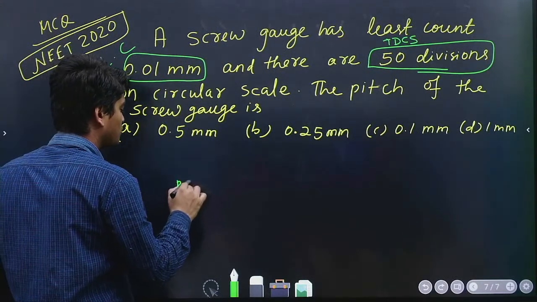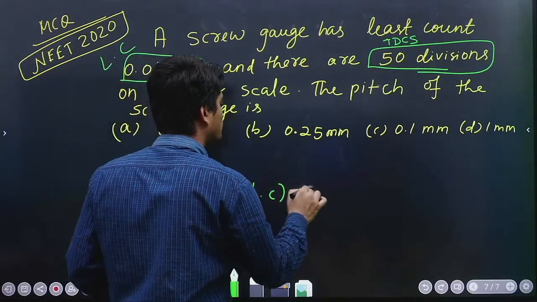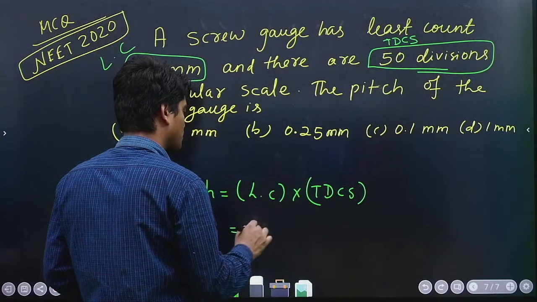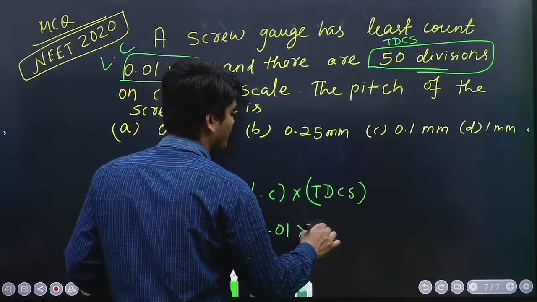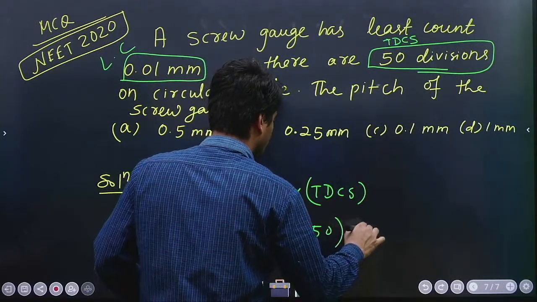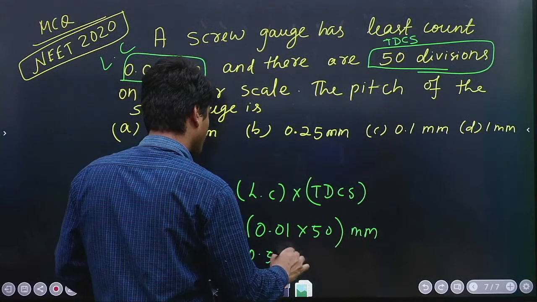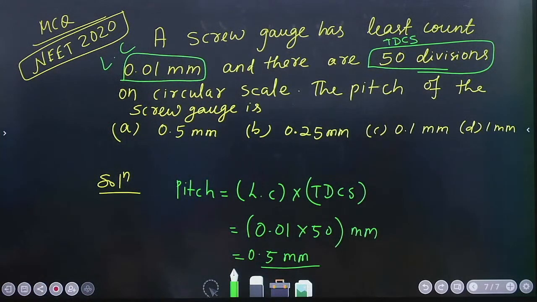So pitch P is equal to least count into total divisions on circular scale. Now how much is it coming? 0.01 into 50 millimeter. How much is it? 0.5. Yes or no?